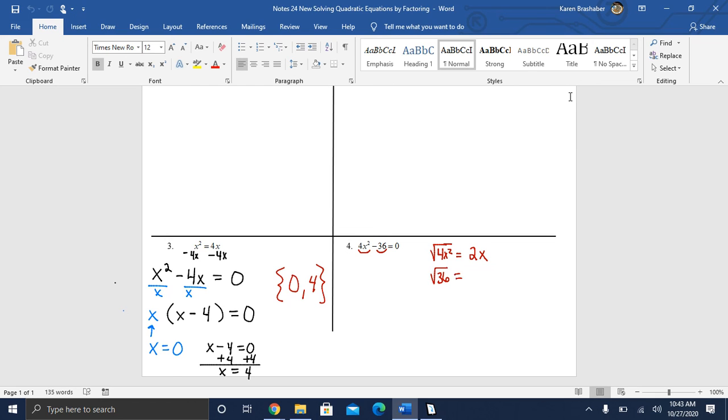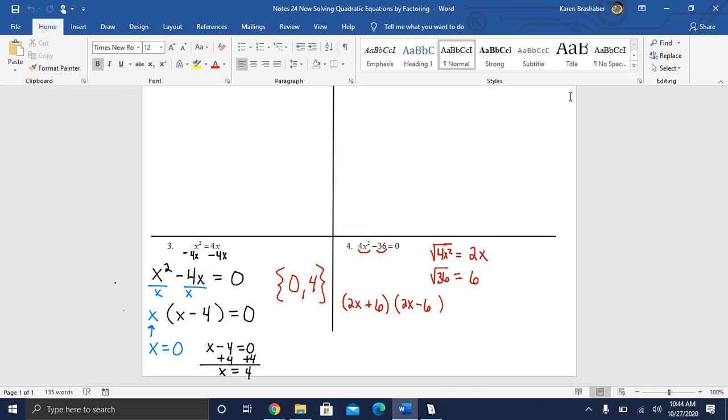The square root of 36 is 6. 6 times 6 gives me 36. So if you can do that to both terms, then we have the formula that you could take their square roots. So 2x plus the square root of 36, 2x plus 6, and then 2x minus 6. And those would be the factors of 4x squared minus 36.